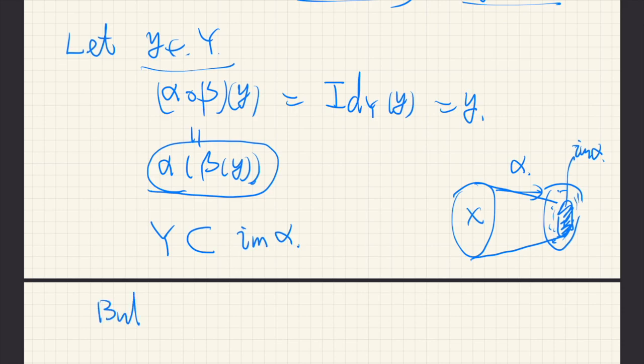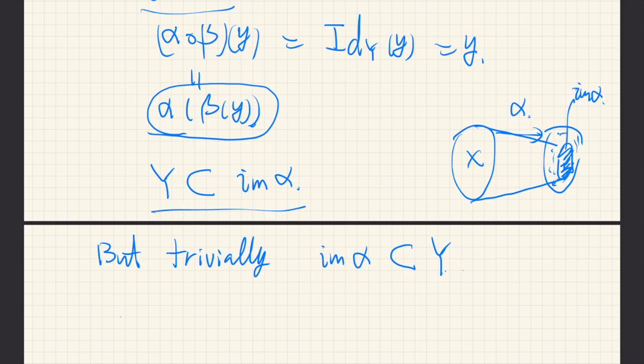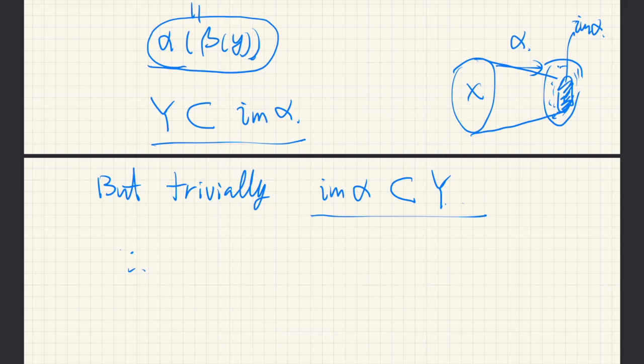But trivially, we always have the image of alpha is a subset of y, the codomain. So we have this subset relation in both directions. Therefore, necessarily, these two sets are actually equal.